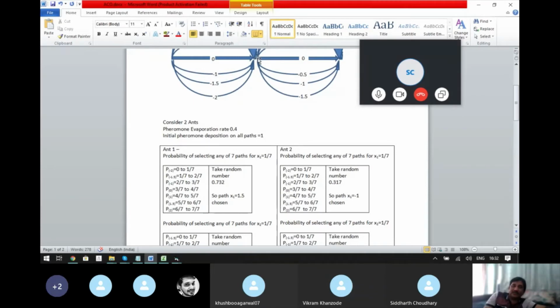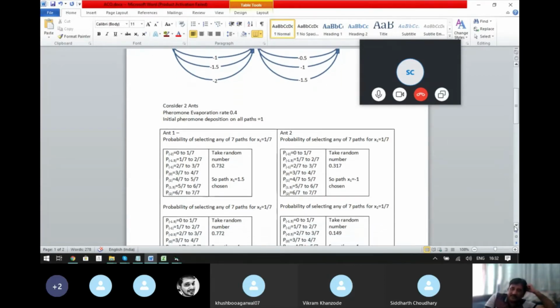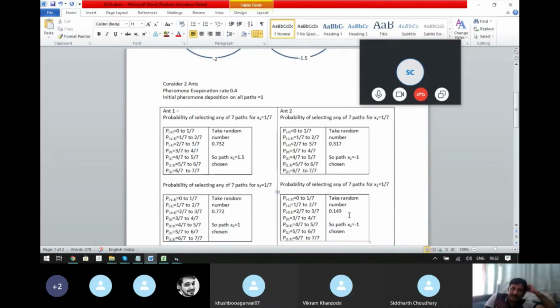ant: which path will that ant be selecting, right? Again, the brain of ant 2 will fire another random number, and say for example, that random number is 0.149.